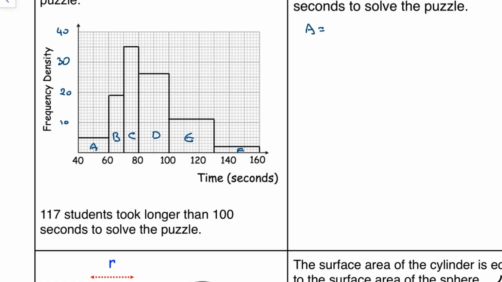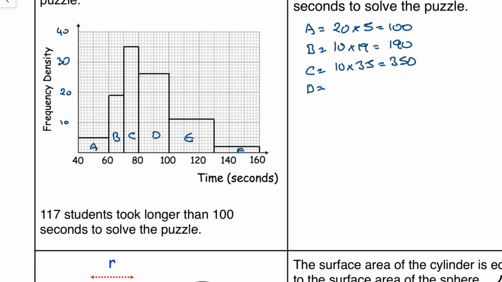So A is 20 times 5, which is 100. B is equal to 10 times 19, which is equal to 190. C is equal to 10 times 35, which is equal to 350.